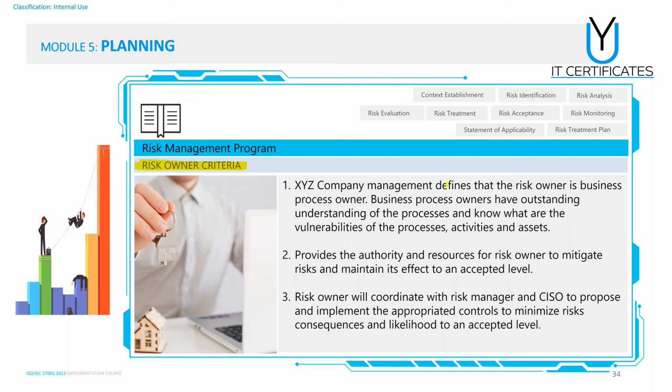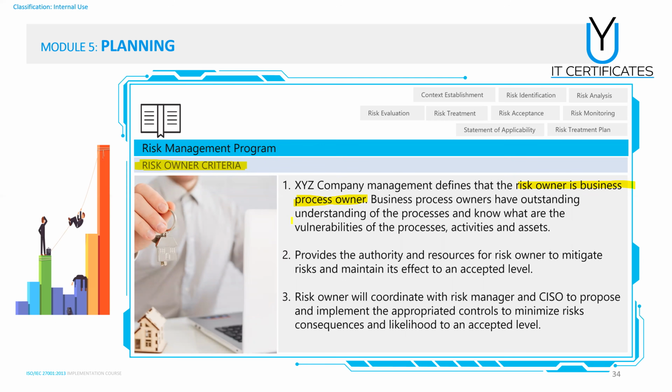Here, XYZ company defines that the risk owner will be the business process owner. Why? Because, as we mentioned, business process owners are the best people to understand the process and the assets, what their vulnerabilities and threats are, and how this will affect the organization's processes and activities.